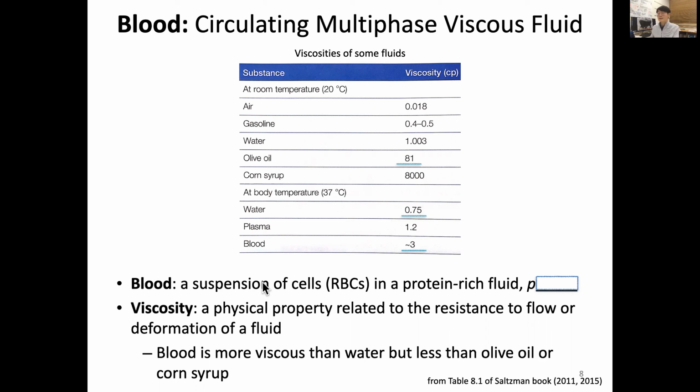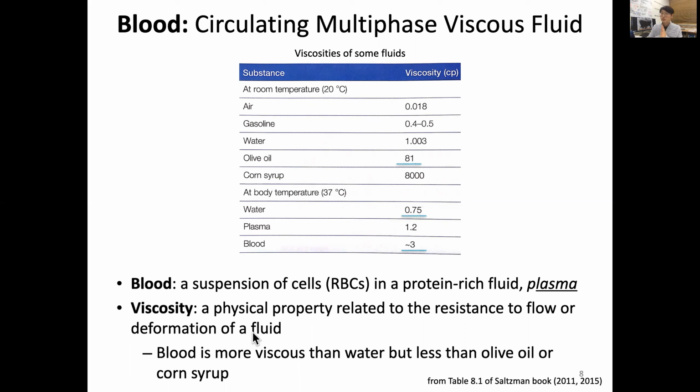So blood is a suspension of cells, especially red blood cells, which compose almost 40% of blood volume, in a protein-rich fluid, which is everything except RBCs, and that we call plasma. Viscosity is a physical property related to resistance to flow or deformation of a fluid.